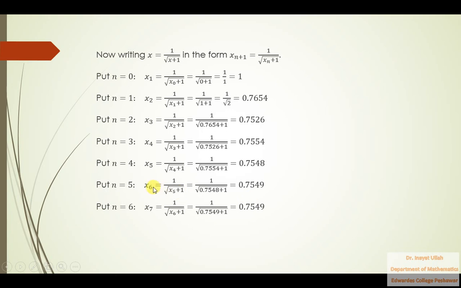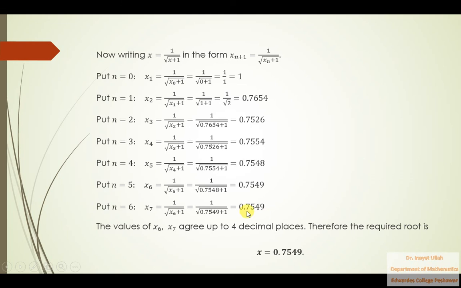Now x6 and x7 agree up to 4 decimal places. Therefore the required root is 0.7549. So that is the criteria for the simple iterative method, and this is very simple to understand.